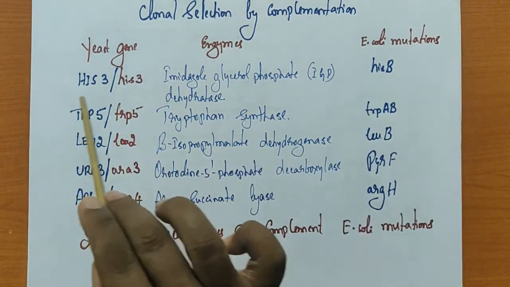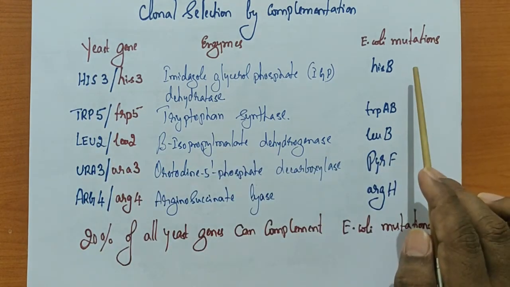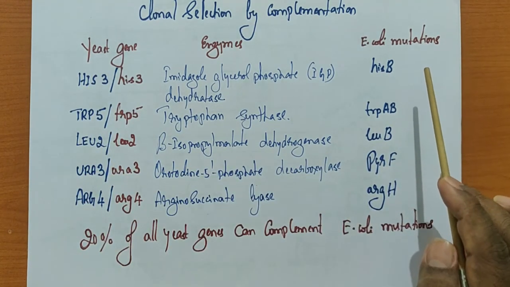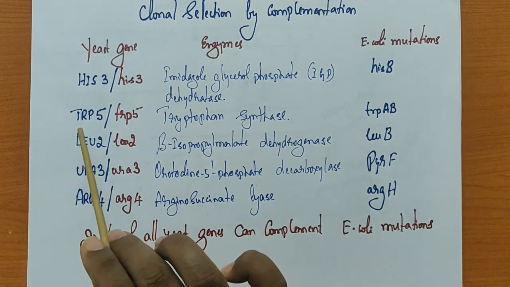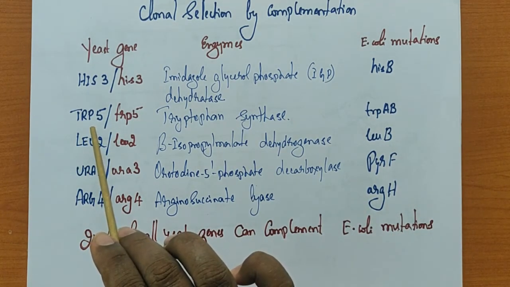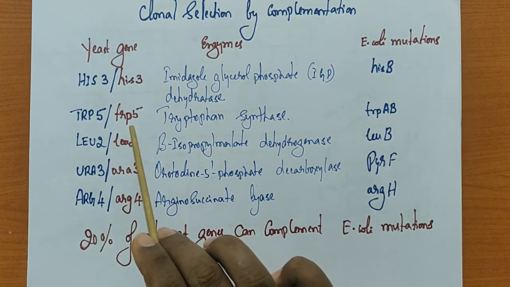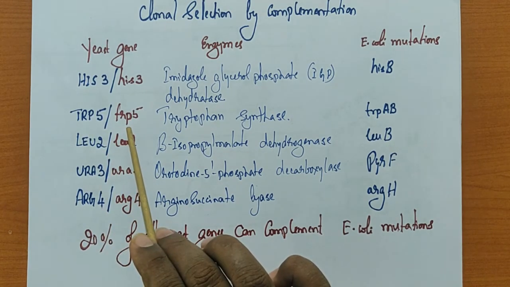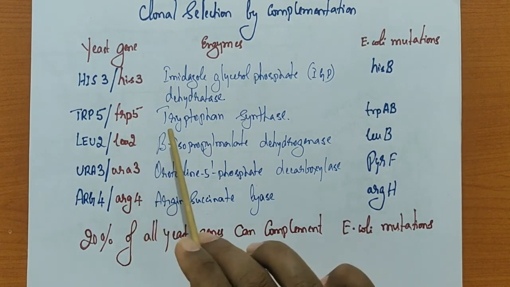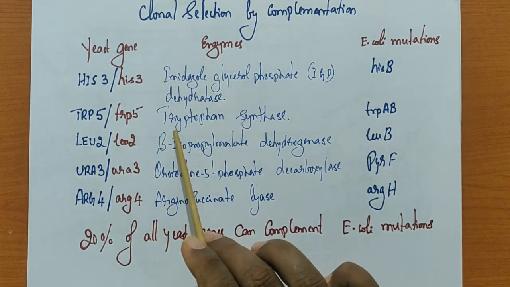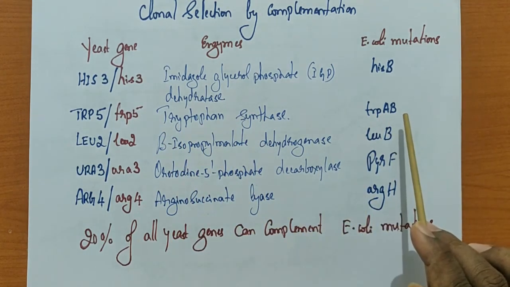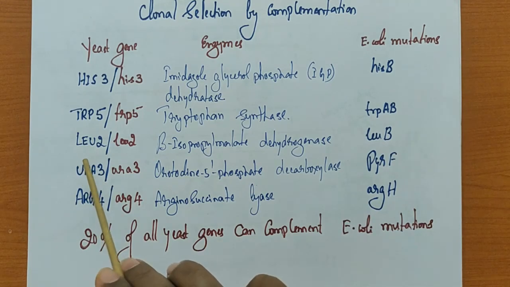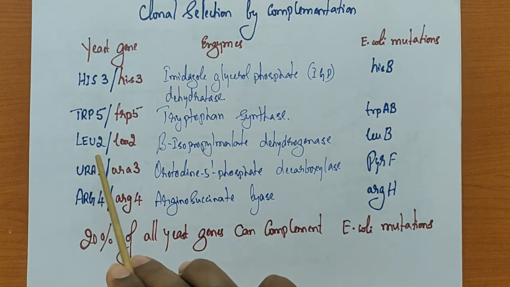We have plenty of auxotrophs both in yeast as well as in E. coli. The other important clonal selection marker is TRP5. This is the yeast gene, functional TRP5, and in small letters trp5 is mutated. This gene encodes tryptophan synthase, whereas the E. coli version is trpAB. The next one is LEU2.